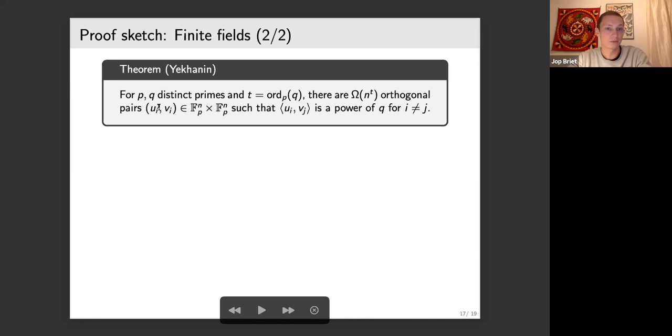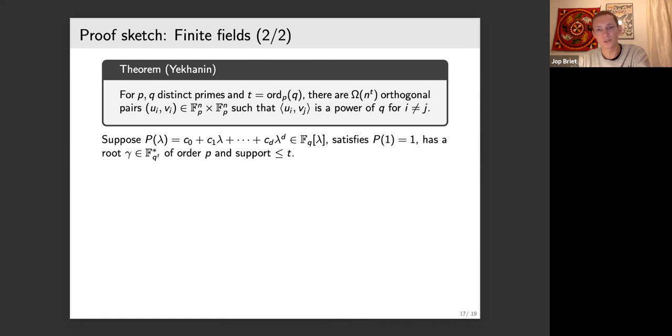By orthogonal, I mean that the inner product between u_i and v_i is 0, such that the crosswise inner product, the inner product between u_i and v_j when i is not equal to j, is a power of q. I'm not going to go into the construction. It's not super complicated, but it is quite clever. Roughly speaking, it uses something akin to a tensor power trick, where the basis vectors are the ones that I sketched before in the integer setting.